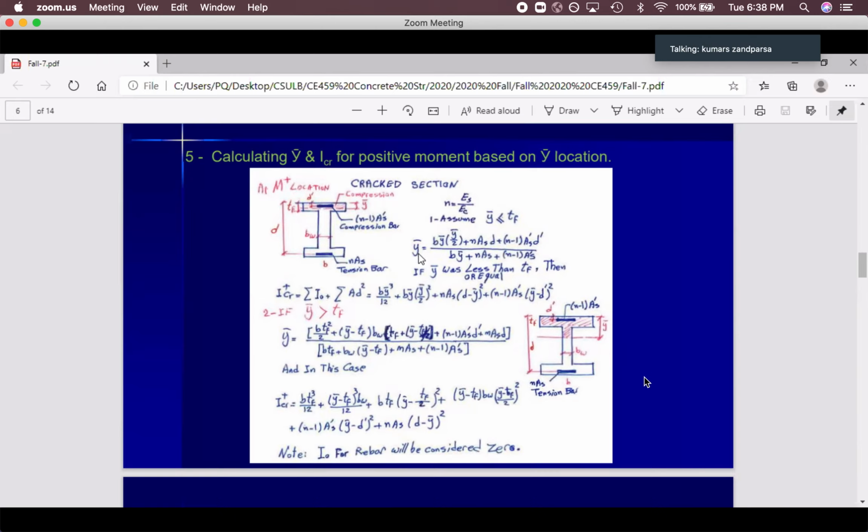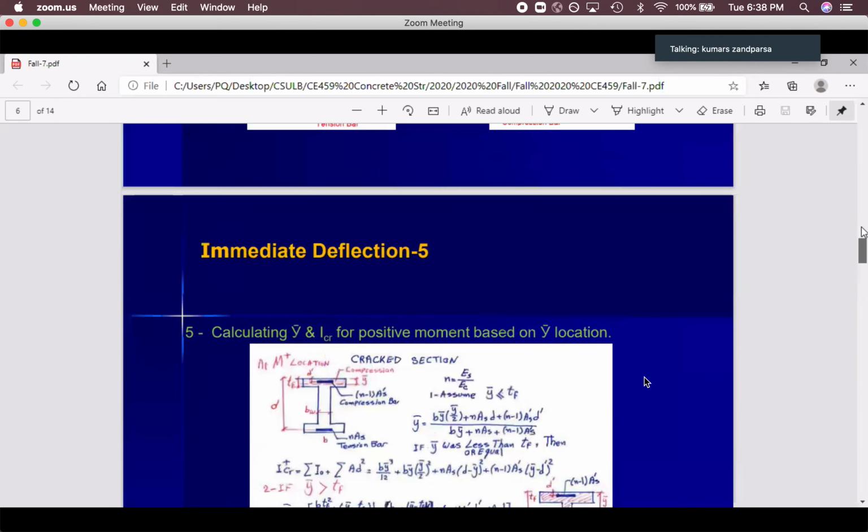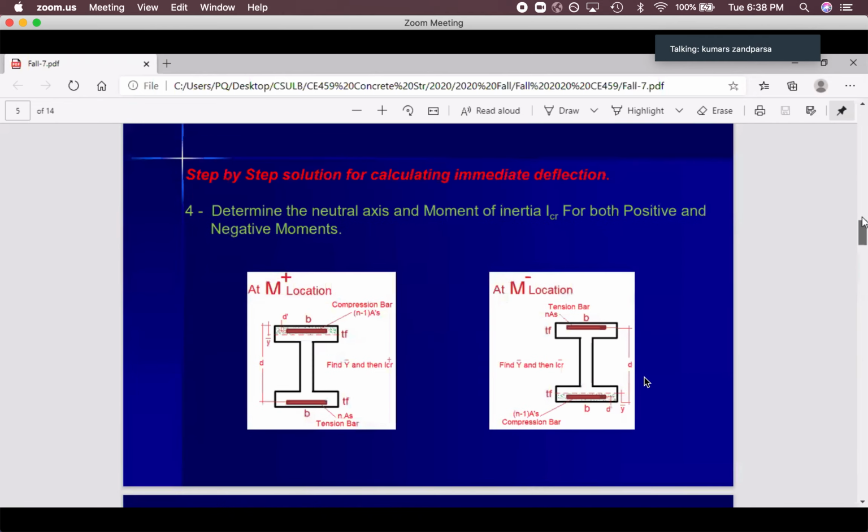Actually, which part do you think you made a mistake? I used the formula to calculate y bar of the uncracked section. No, you can't use that. For the uncracked section, that y bar is just good for M crack.